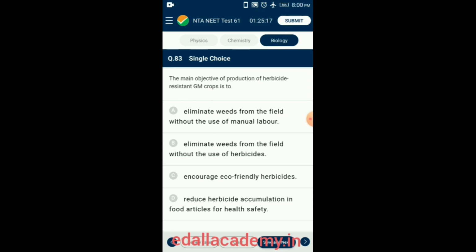GM plants have been useful in many ways. Genetic modifications have made crops more tolerant to abiotic stresses, reduced reliance on chemical pesticides, and enhanced the nutritional value of food. So the answer for this question is option D. Reduce herbicide accumulation in food articles for health safety.